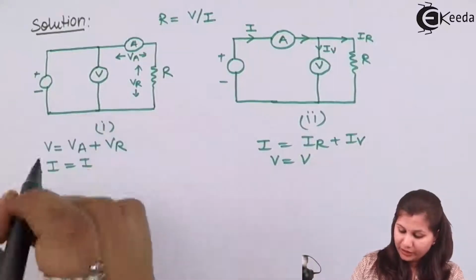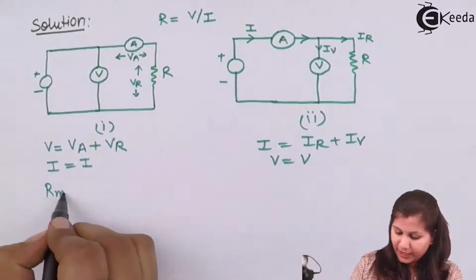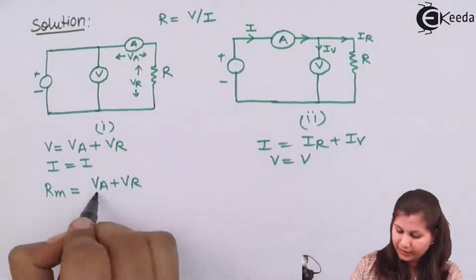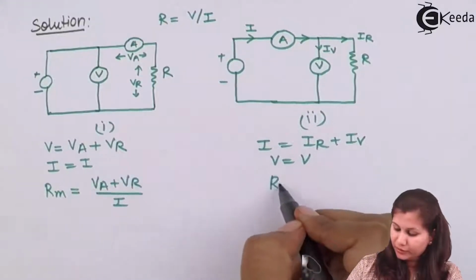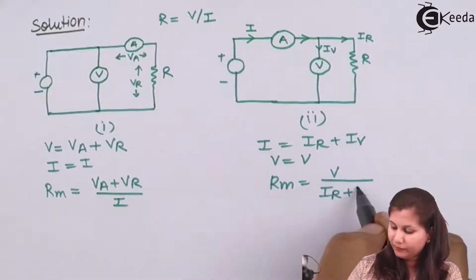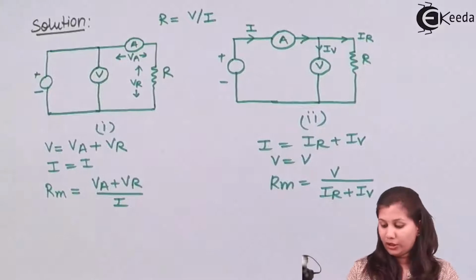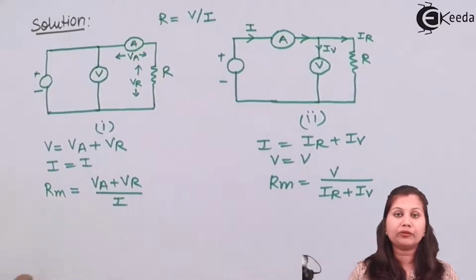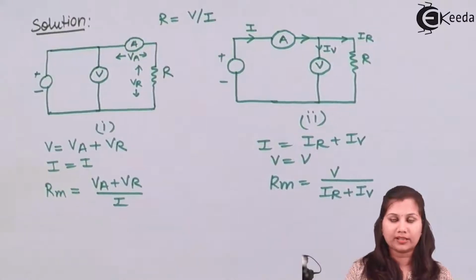So when we measure the value of resistance, that is Rm, in the first case we will get VA plus VR upon I, and in the second case we will get the measured value as V upon IR plus IV. So in both cases we are getting a measured value different from the true value of the resistance.